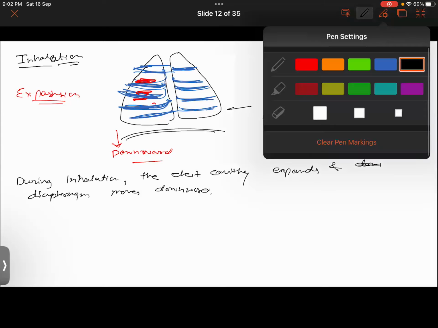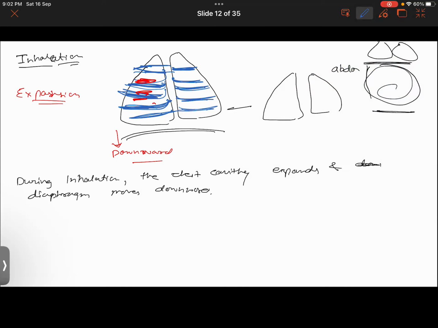Now, in the process of expansion, what happens when the chest cavity expands? It will produce some kind of vacuum in the lungs, right? So here in the process of expansion, a kind of vacuum is created inside the lungs that will lead to what? Sucking up the air from the outside.